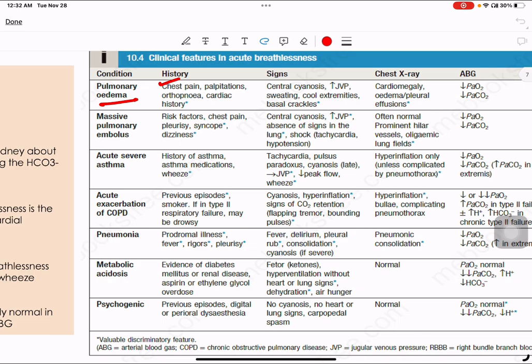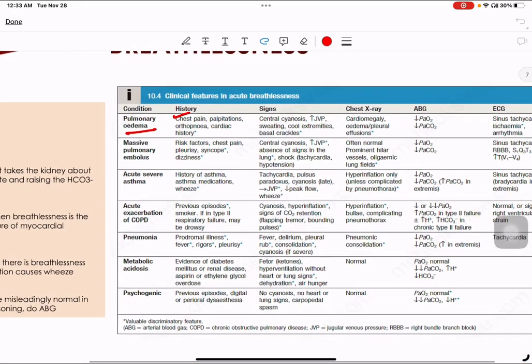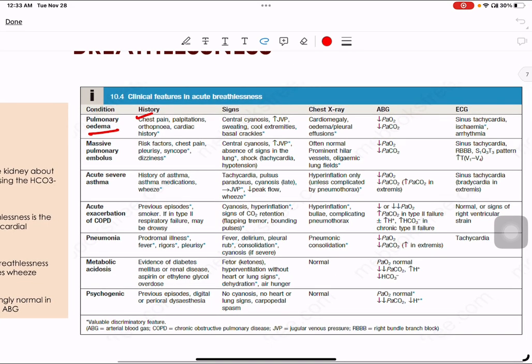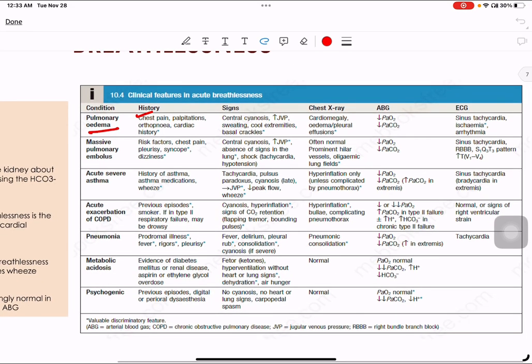On ABG we will get features of type 1 respiratory failure, that is hypoxia and reduced carbon dioxide. On ECG, the patient may have sinus tachycardia, arrhythmia or features of cardiac ischemia. There may be ST changes on ECG.